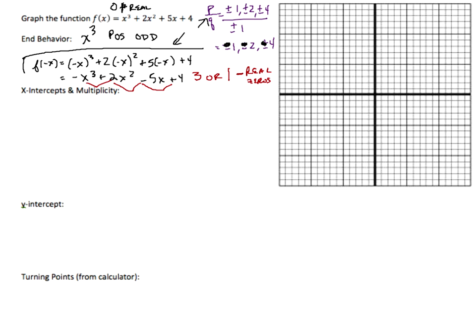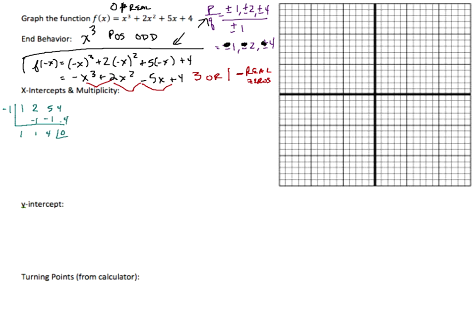Now I start finding them. So -1. And by the way, all 3 of them will be, or only 1 will be, because you have 3 or 1 negative real zeros. So I have 1, 2, 5, 4. 1, -1, 1, -1, 4, -4.